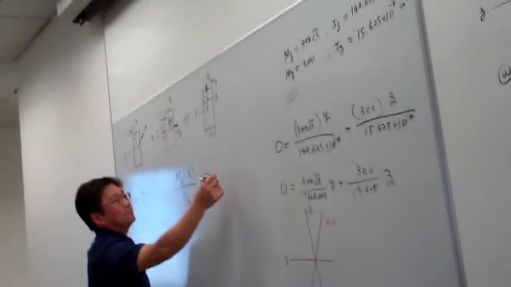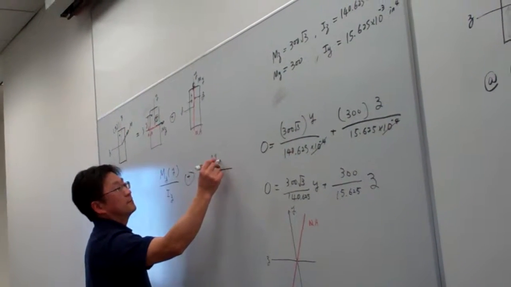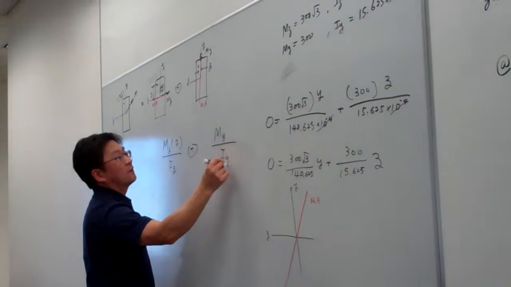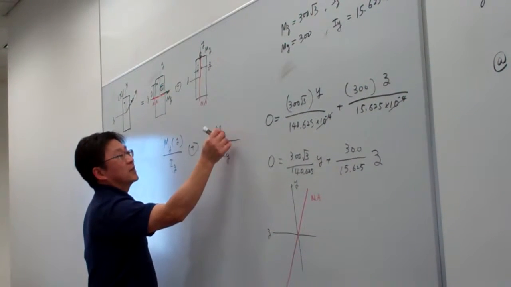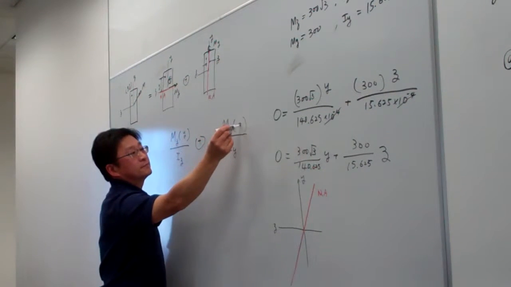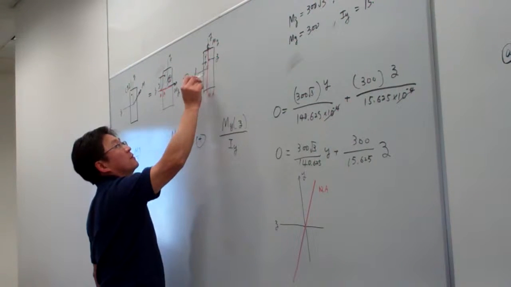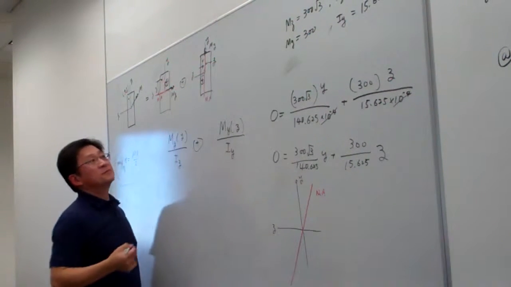And for this one, the magnitude is My divided by Iy, and this one represents the distance, which is z. And for this case, this is in tension.